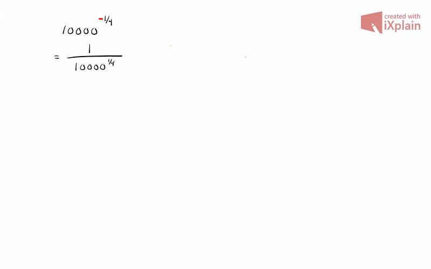The next thing that I'm going to note is that I have a 4th root because there is a 4 in the denominator. So this means I now have 1 over the 4th root of 10,000.